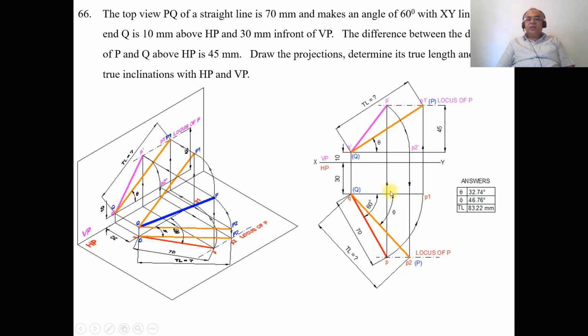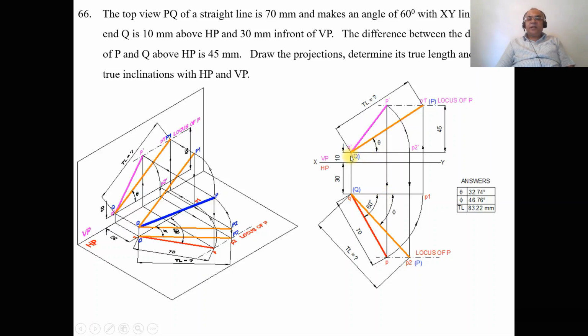Then using the scale, you measure the true length, Q dash P1 dash, which is 83.83 mm in the manual, and when you measure Q and P2, that also shows 83 mm only. So the true length in the front view as well as in the top view remains the same.